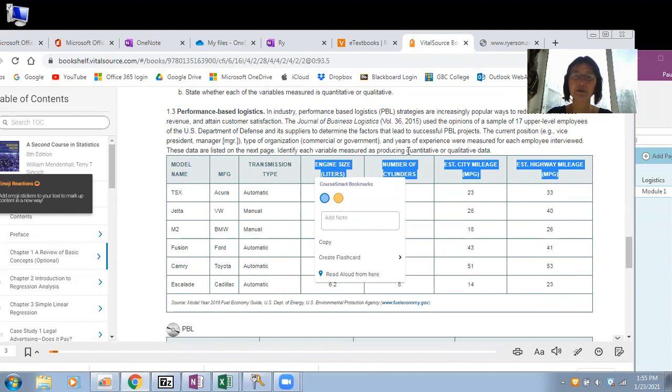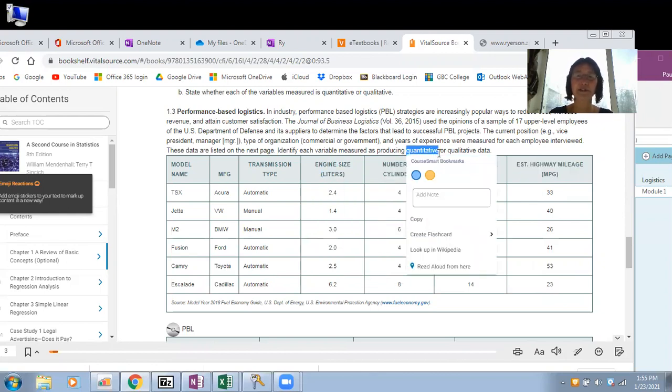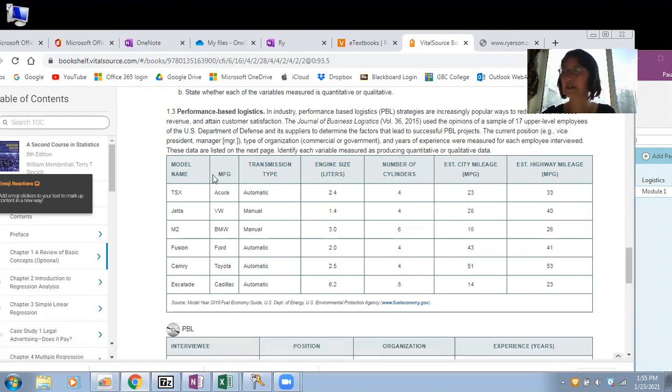So they belong to quantitative data. Okay. So that is session 1, qualitative data versus quantitative data.